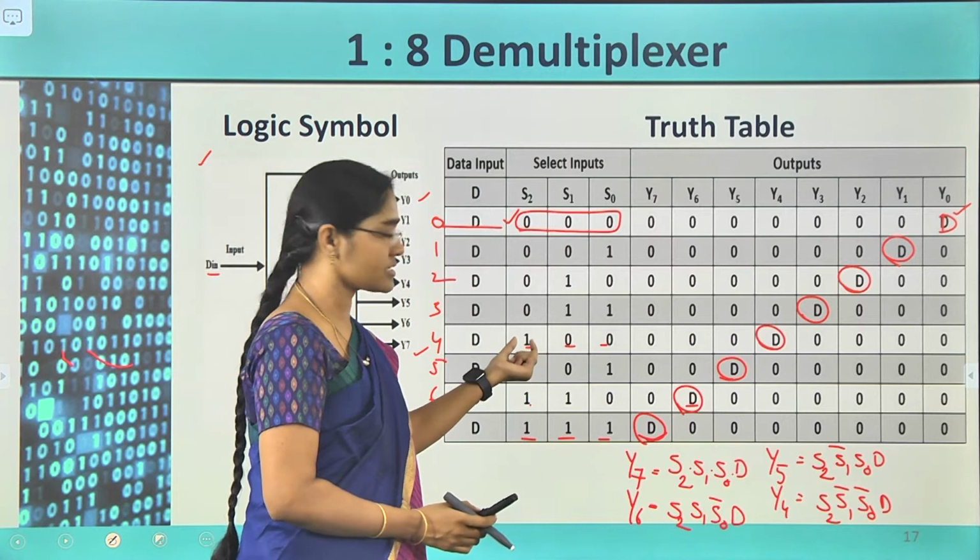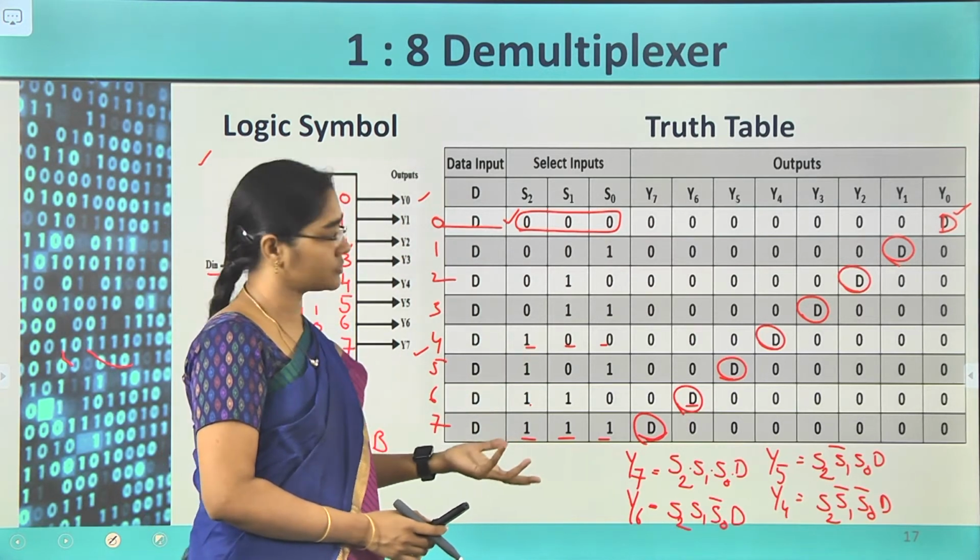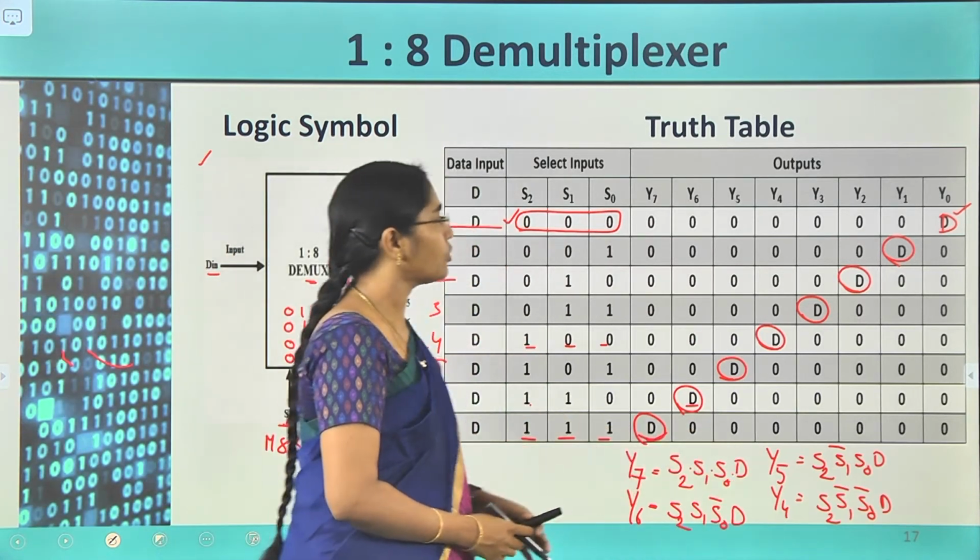If the selection signal is 1, take its direct value.